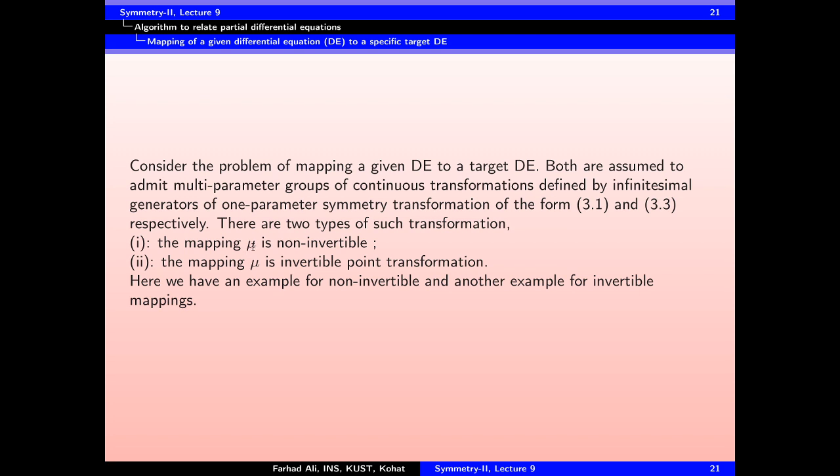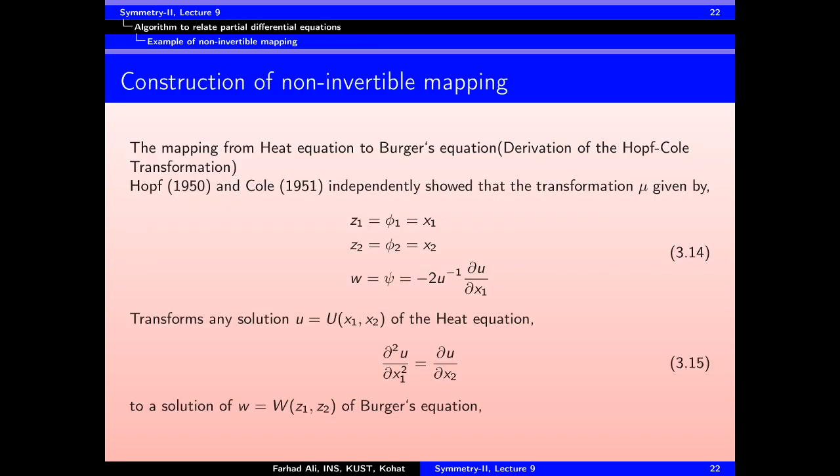The non-invertible mapping occurs when the number of symmetries of the given system is not equal to the number of symmetries of the target system. And mu will be invertible if the symmetries of the given system and the target system are the same. So we give an example for each one. Here is the construction of a non-invertible mapping.